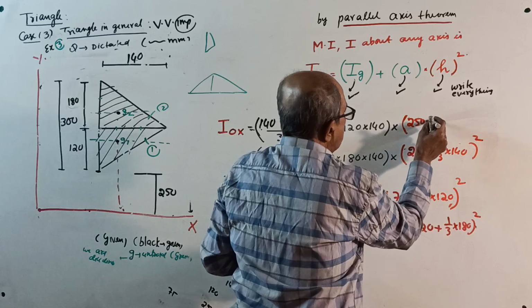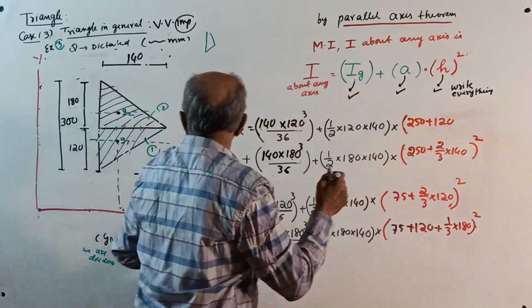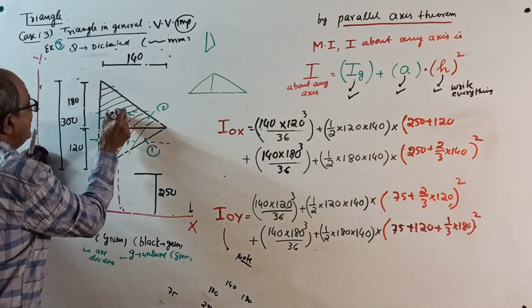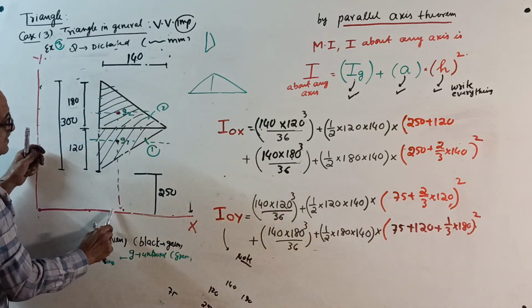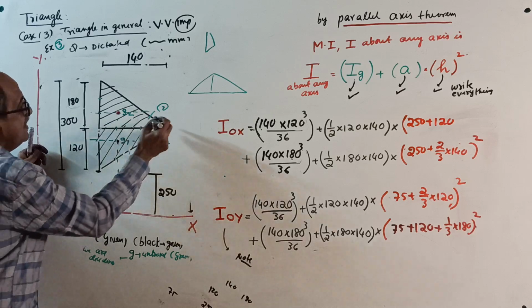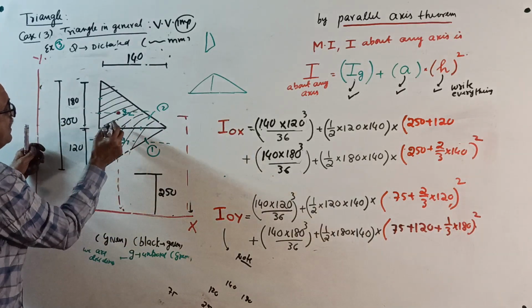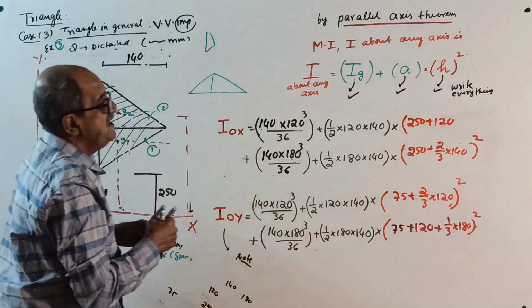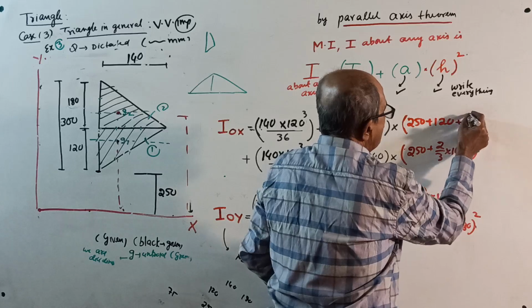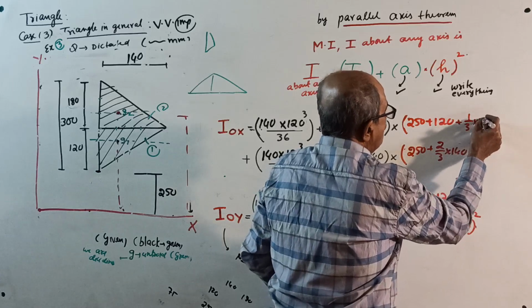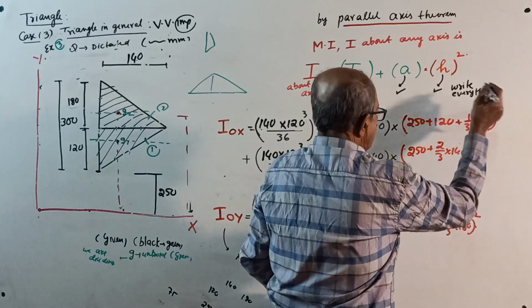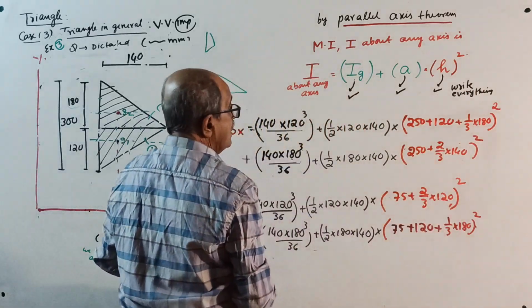From the centroid here to this axis, this distance square. You want this distance square as 250 plus 120 plus 1 by 3 of 180, whole square.